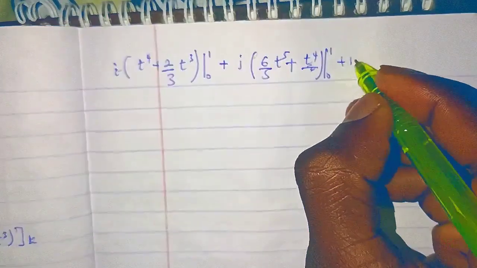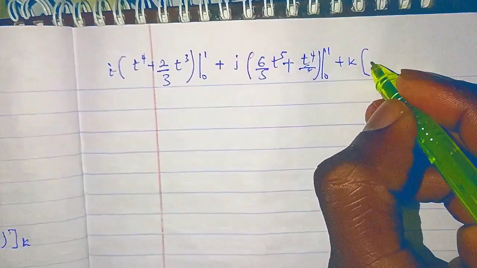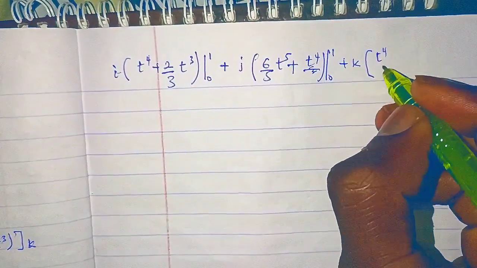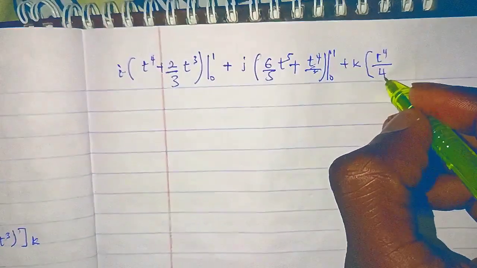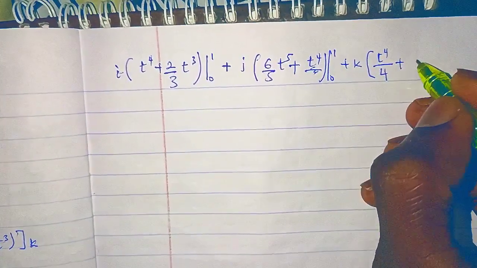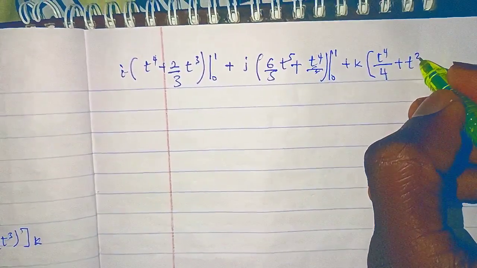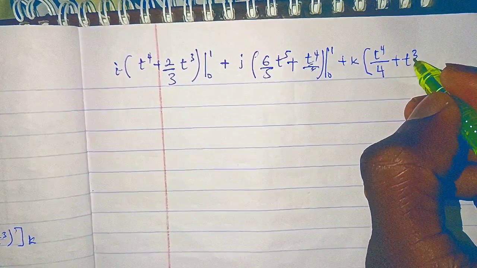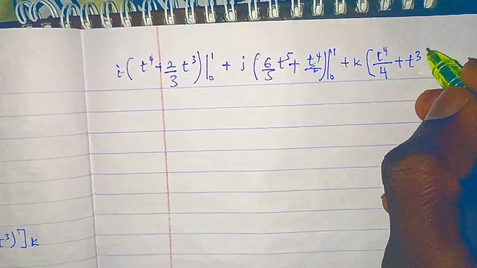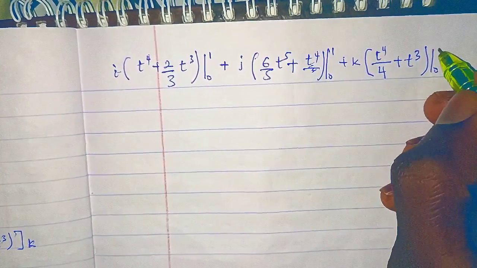And then for k, you have t to the 4th all over 4, and the 3 cancels 3, so you have t to the power 3. Take your limit from 0 to 1.